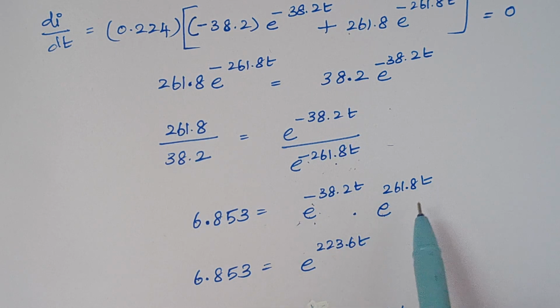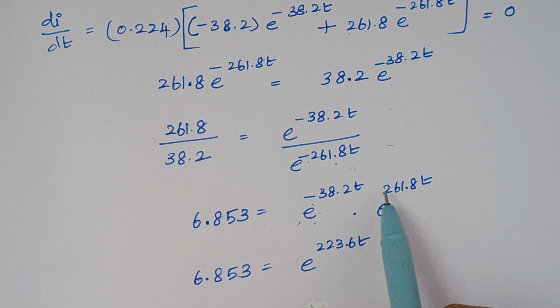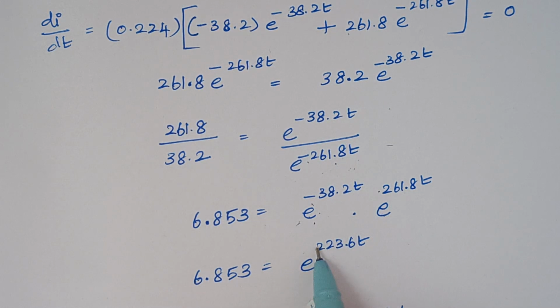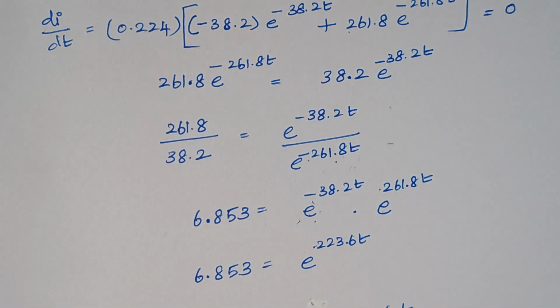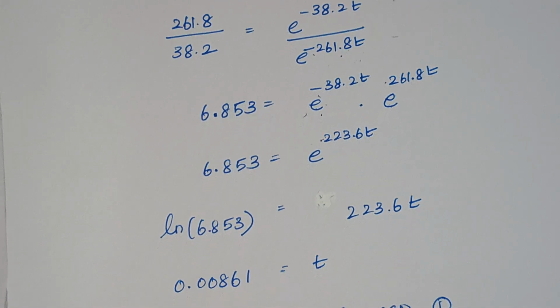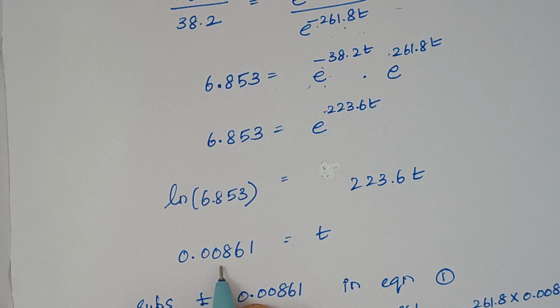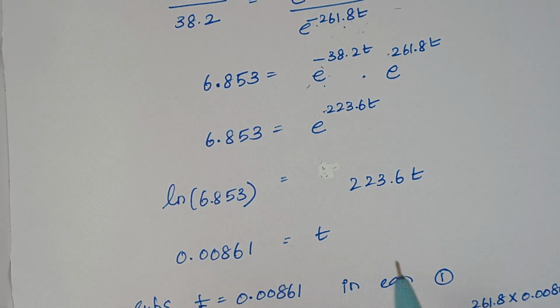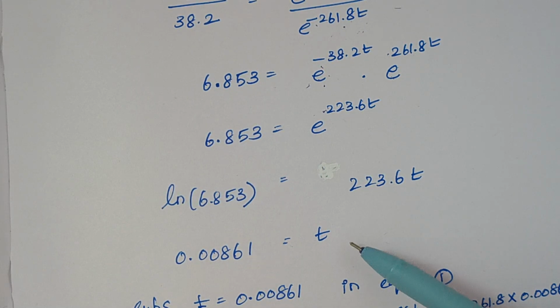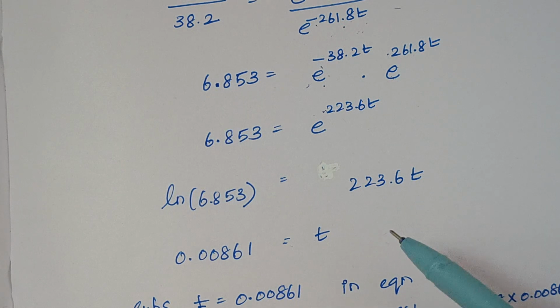Which is the greater number? 261 is the greater number and its sign is plus, so the answer is with plus sign. And again you have to take ln on both sides. When you take ln, the value of t is 0.00861. Now substitute this value in your equation number 1.